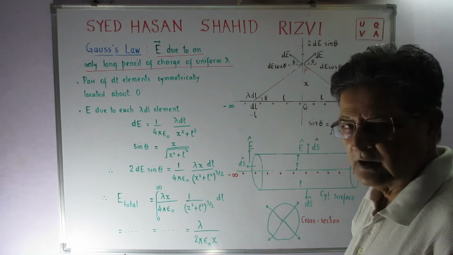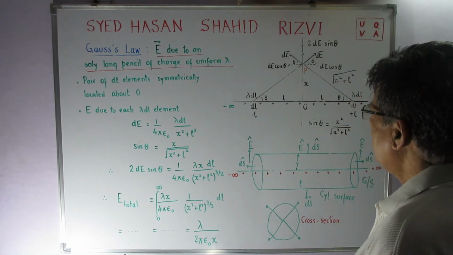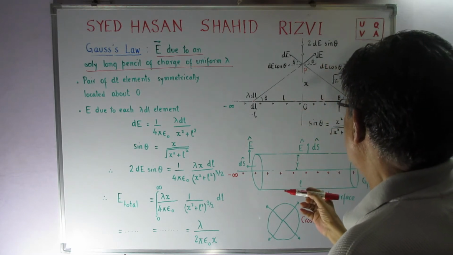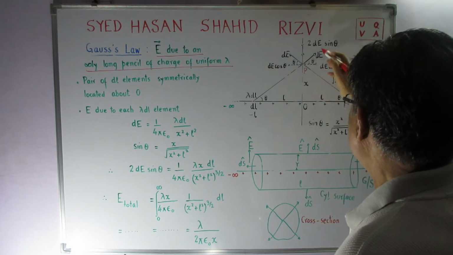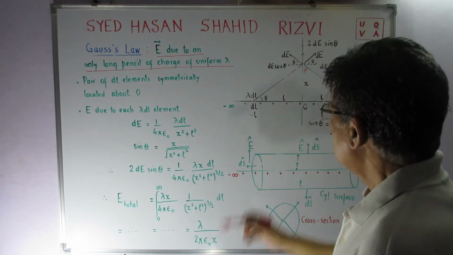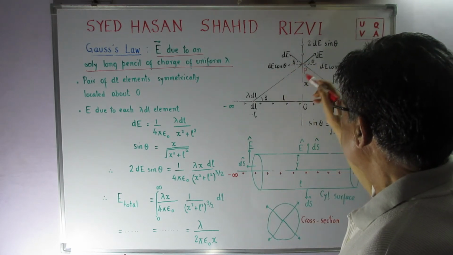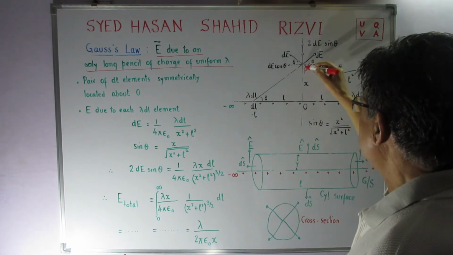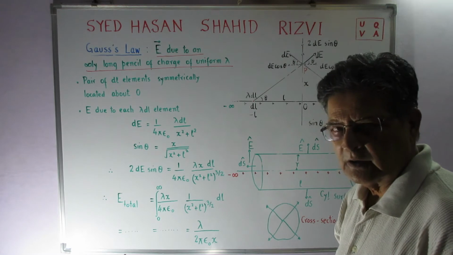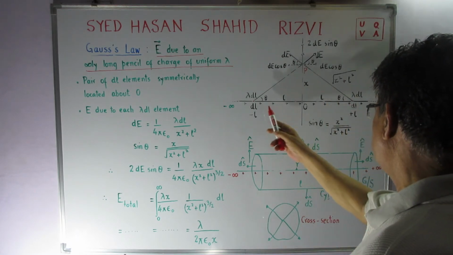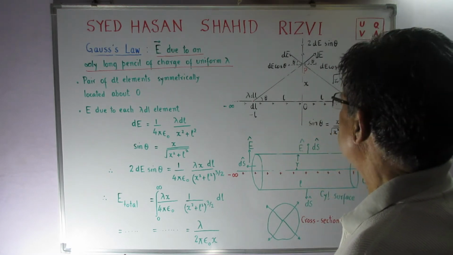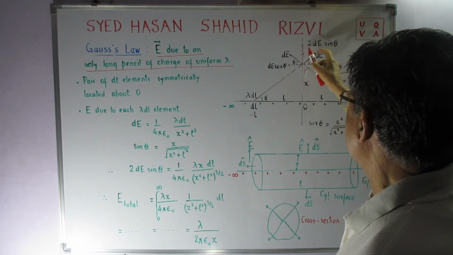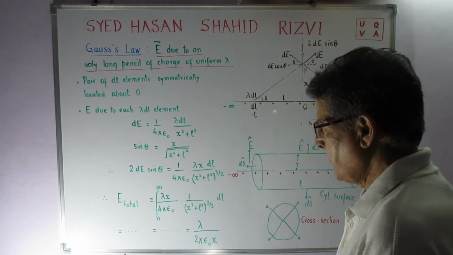I can resolve this dE into two parts: one is dE cos theta and the other is dE sin theta. These two cancel out each other and these two add up, and they are radially away from this long pencil of charge. So the net direction is away from it, and the value I get is 2 dE sin theta.